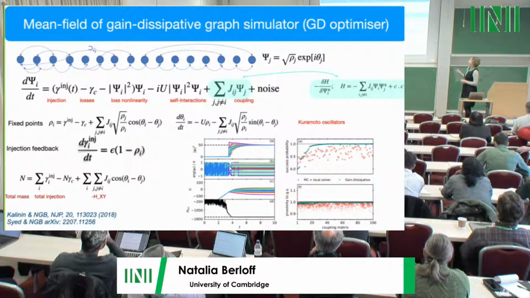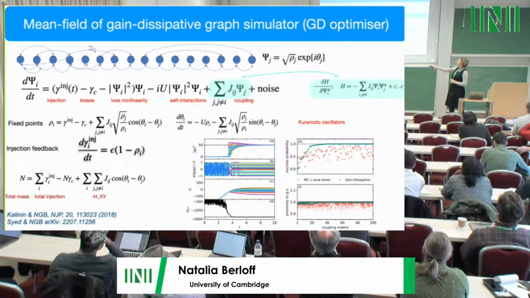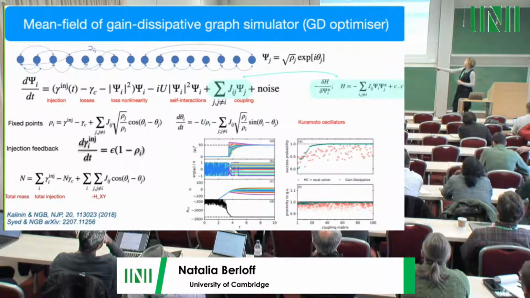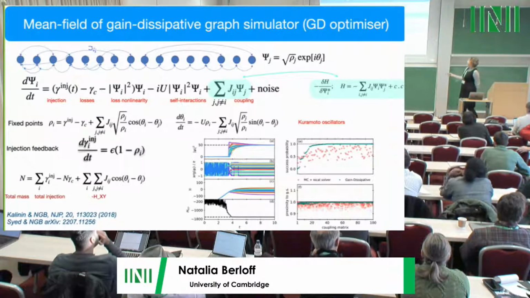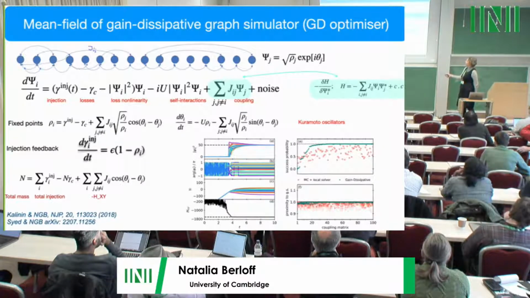It has amplitude and phase. And then the rate of change of psi is given by the injection, the rate at which we inject the particles into the system, the linear dissipation, the separable nonlinearity, self-interactions, and the coupling between the elements, and perhaps the noise. If we look at the fixed points, we'll see that indeed we have kind of an XY minimization.